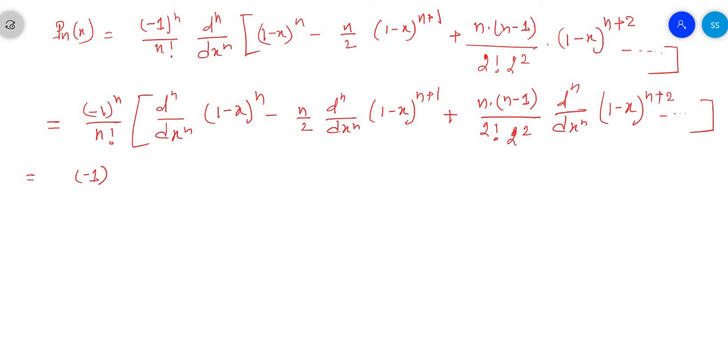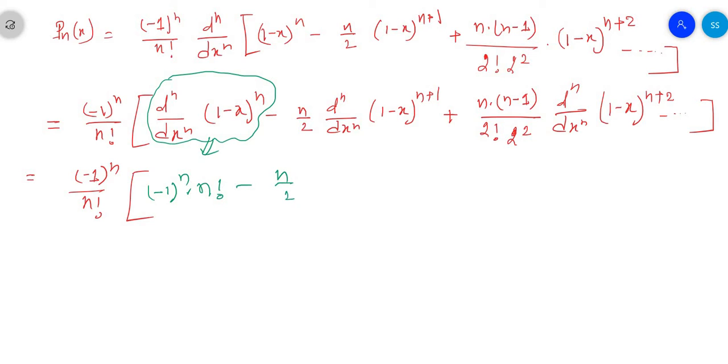(-1)^n over n factorial. This successive derivative gives (-1)^n n factorial, minus n/2.